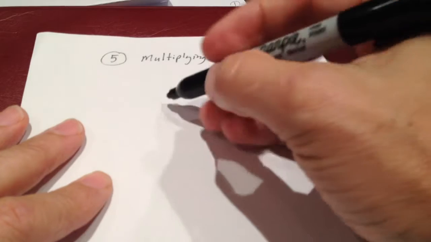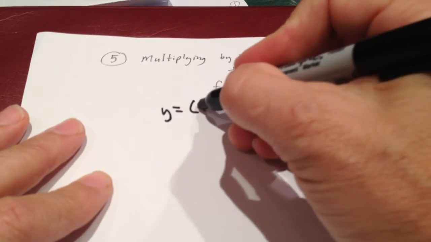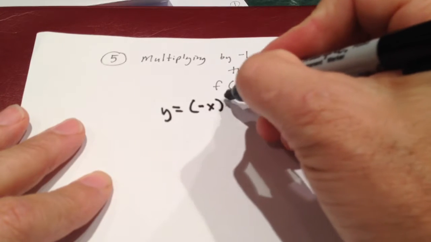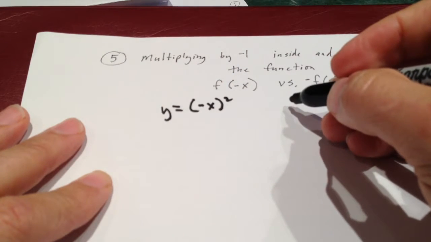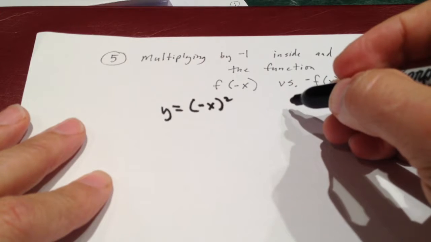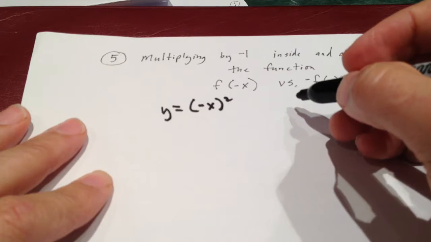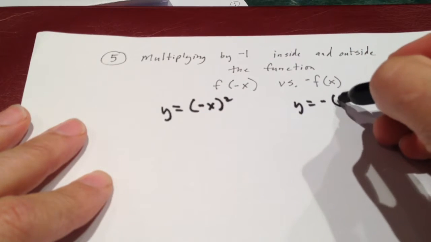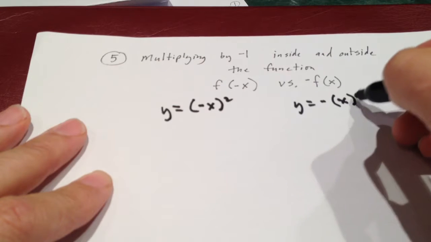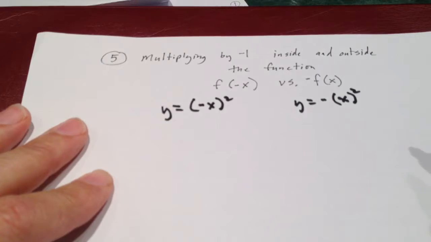So if my g of x, if I take my original equation and say, okay, well that's (-x)² on the inside versus, oh wait, do I not want to do that one? Hold on. No, I do. And y equals -x² on the outside. Actually it'd be -x², I guess I don't need parens.